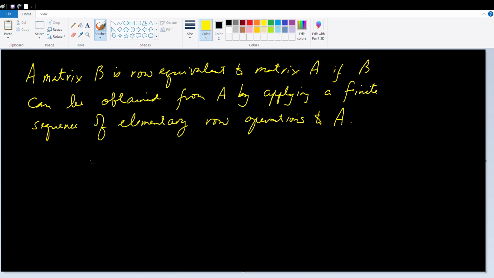So in our previous example, A1 was obtained from A by interchanging two rows.